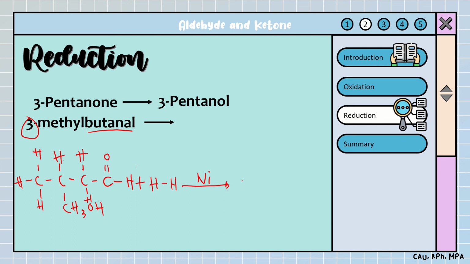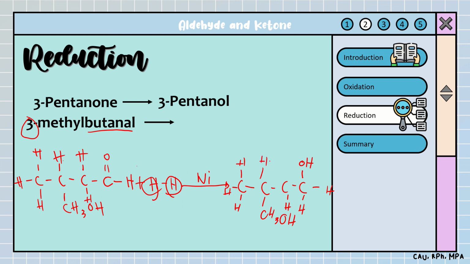Our resulting product now will be, let's write first the structure. Again, our nickel will break the double bond, having it as OH, because one hydrogen will be bonded to the oxygen, another one will be bonded to the broken double bond carbon, and that becomes a hydrogen. And then let's add the substituent, which is the methyl.